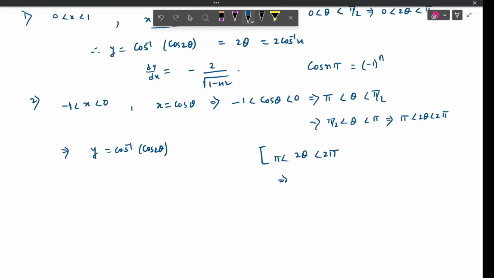So we can say 0 less than 2 pi minus 2 theta less than pi. So in place of 2 theta, we can say it is 2 pi minus 2 theta.